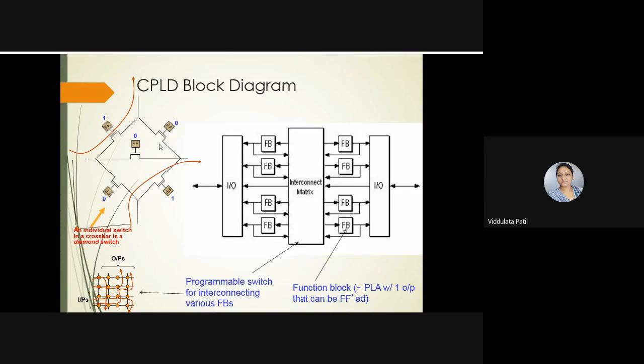That is present in the interconnect switches. Depending on how we are connecting it, there will be connections from one functional block to another functional block, or it could be a connection from a functional block to IO blocks. So it may route through the interconnect matrix.